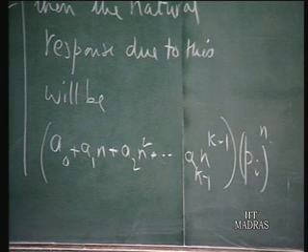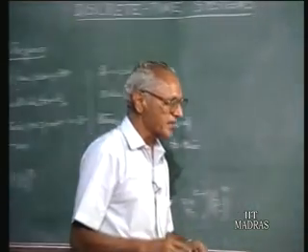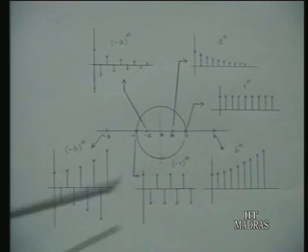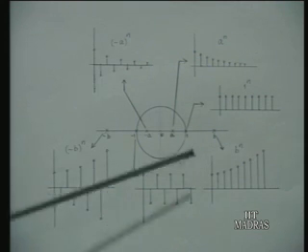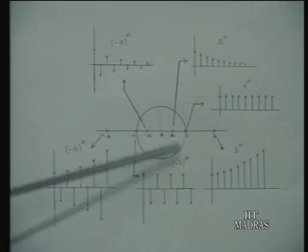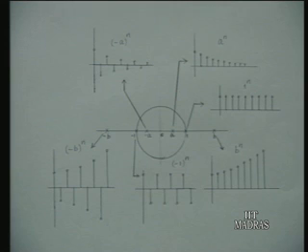So, to look at these natural response forms, let us look at these charts here, which will give you some idea. Depending on the location of the poles within the unit circle, you have different types of responses. Suppose there is a pole at z equals 1, right at the rightmost end of this circle, then naturally the response will be a unit step.